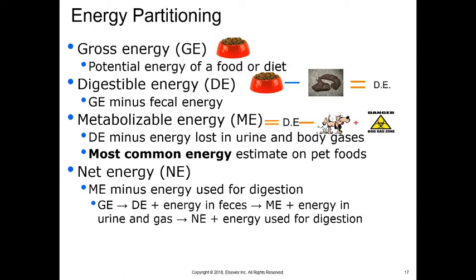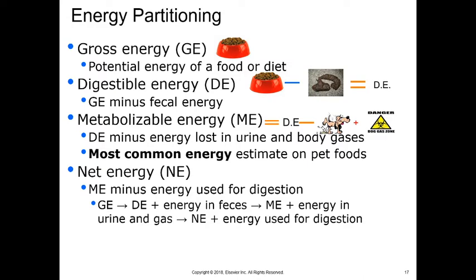They're a little bit cheaper to buy. You'll find that pets on that diet will defecate a lot more. So my pets are on a little bit higher energy diet, more digestible energy, and so they may defecate once, maybe twice a day, but usually just once a day. It's a lot less waste, and that's what you're looking for when you're looking for good nutrition. So digestible energy is gross energy, or the bowl of food, minus fecal energy.